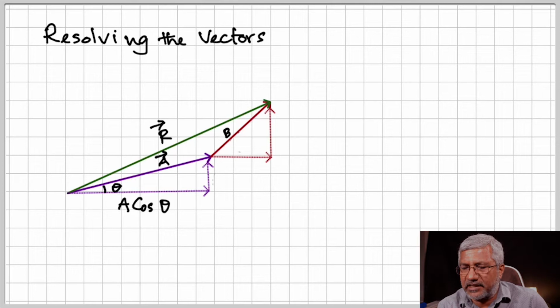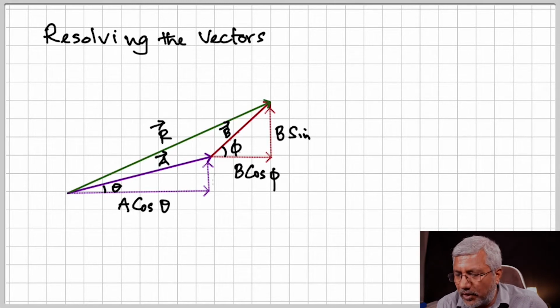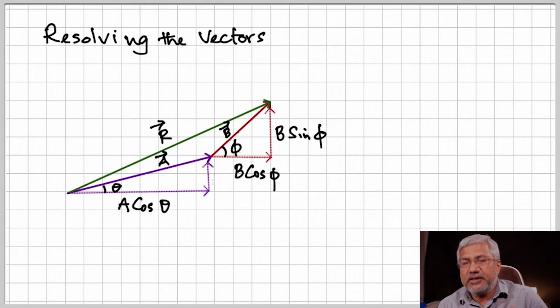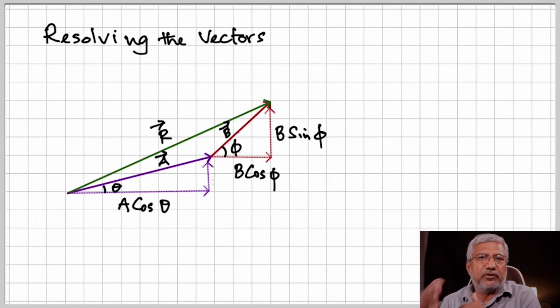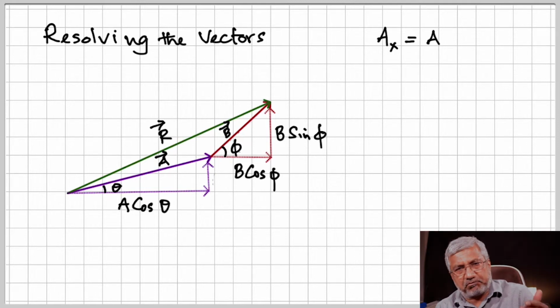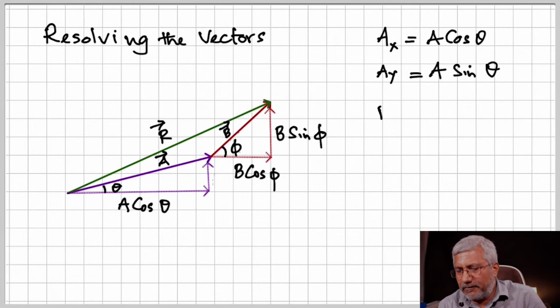Similarly, you have the x and the y of B. So that's the x component of B, and then you have the y of B, where I've taken this angle to be phi. Okay? So once you get the x and the y components of both the vectors, now you add the x components to each other and do the same with the y. Remember, the x component is A cosine theta, the y component is A sine theta.